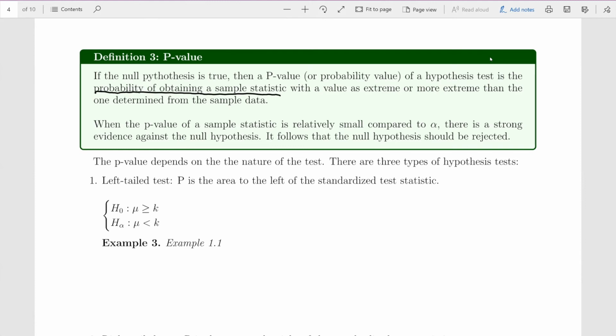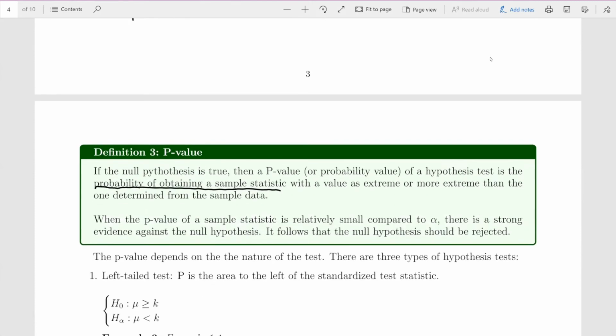That means when you go out and you collect your samples, right, you assume that the population mean is K. When you collect your sample and your sample mean is right here, you can find the probability that is greater than this sample mean that you collected. And this probability here is the p-value, depending on the type of test that you're going to use.